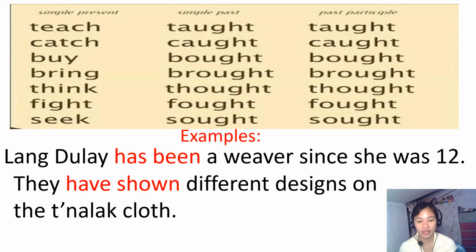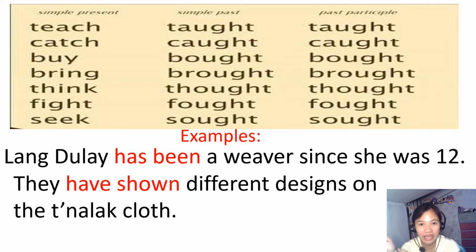I'll give you another example. I have seen that movie. I use have and the past participle seen. Next one, she has learned to speak. I use has plus the past participle learned. Next, I have been to London.